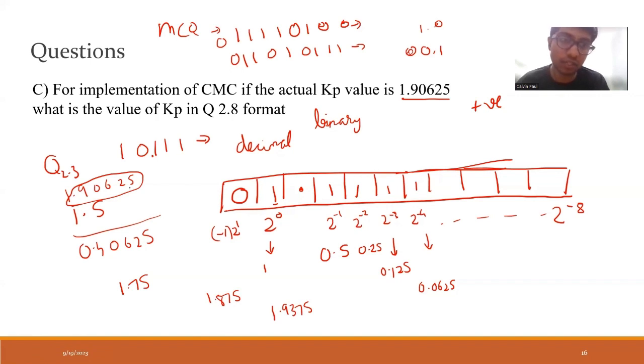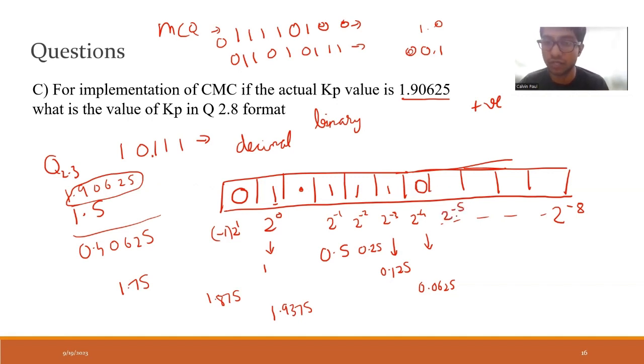But my value is 1.90625. So when I set this bit as 1, the value exceeds the original value. What I have to do is give the value back as 0. So this bit has to be assigned the value 0.